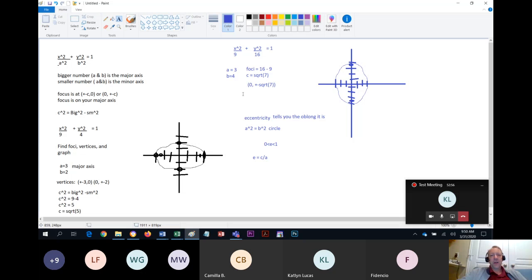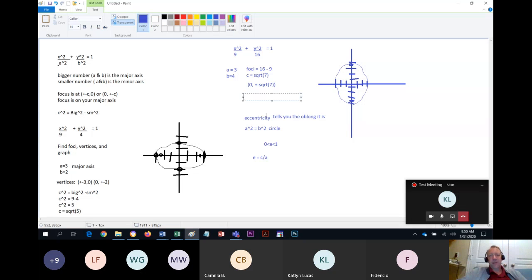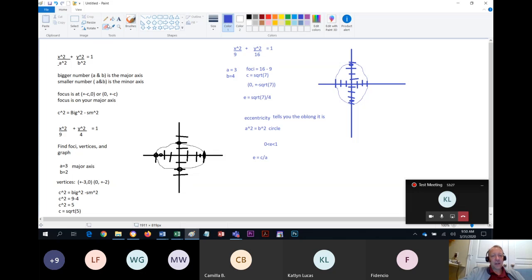So what we could do is, if we go back to the previous problem that we just did, we could figure out the eccentricity, which would simply be the square root of 7 divided by A, and A meaning the big number. And so in this case, I'm going to put it by 4. In fact, maybe I will change my formula. Instead of saying A, I'm going to change the formula.